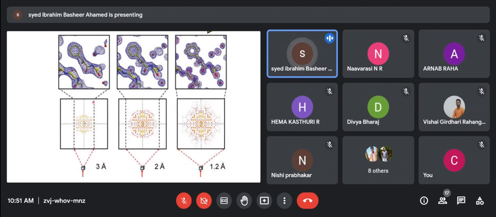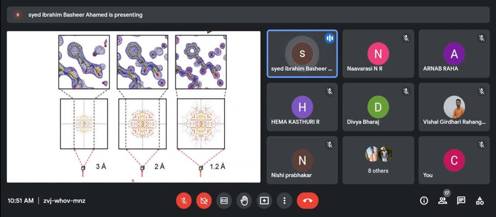But still, you will get the entire structure of the protein or macromolecule. This will help you to identify all the side chains of your molecule. With 3 angstrom data, you can easily identify all the side chains of amino acids. You can even find the ligand molecule.